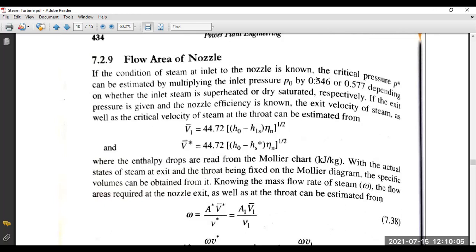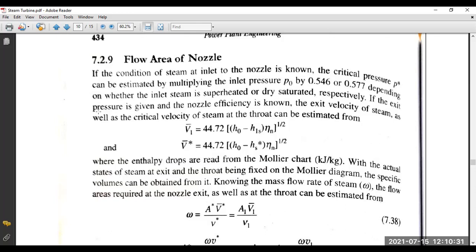So the ratio of the temperature at the throat, when the velocity is sonic, T*, to the inlet temperature T0 is called the critical temperature ratio. When the throat velocity is sonic, the ratio of the throat pressure to the inlet pressure P0 is called the critical pressure ratio.